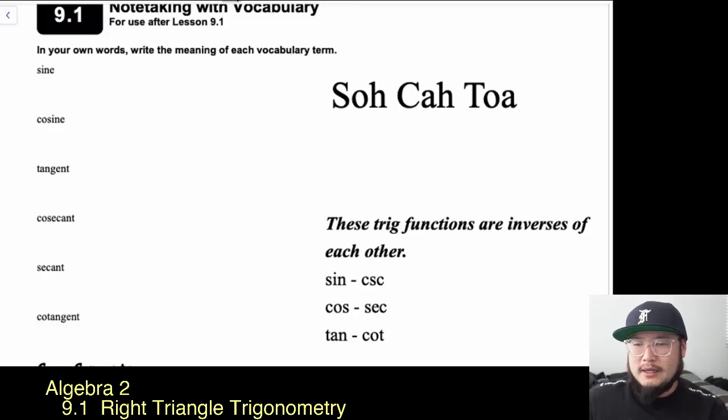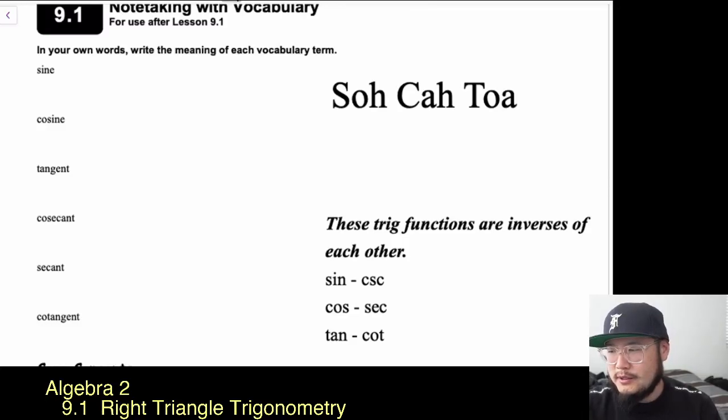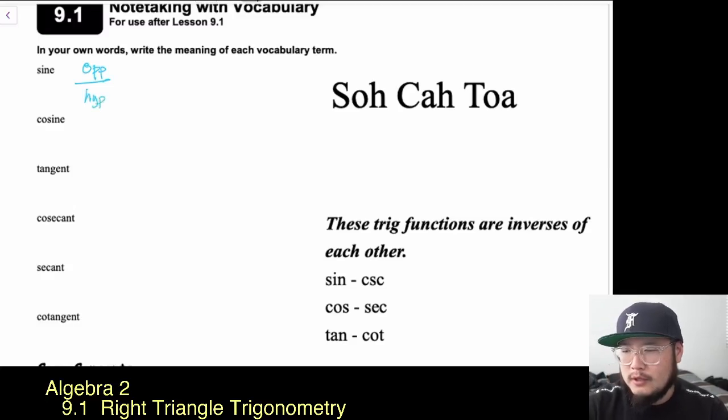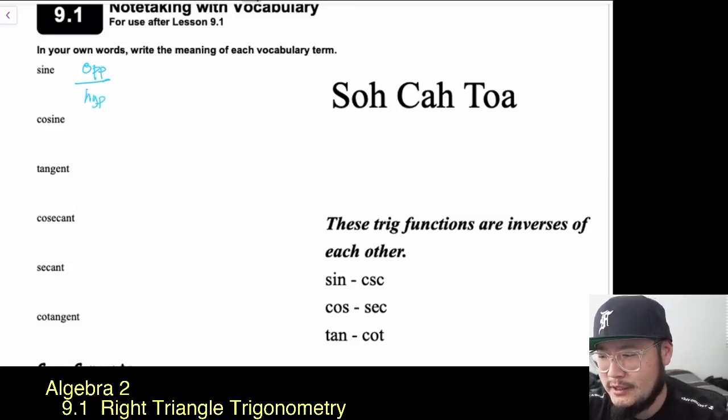So for sine, looking at SOHCAHTOA, sine is a ratio of the following sides: opposite over hypotenuse. Cosine is adjacent over hypotenuse.